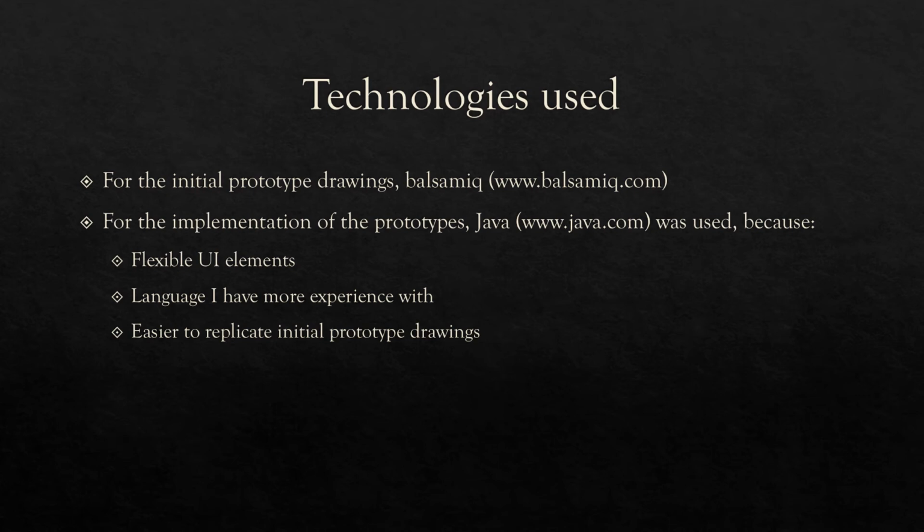The reasons are because it had flexible user interface elements, which I liked. It's the language that I've had the most experience with since I started studying computer science. And because of the flexible UI elements, it was easier to replicate the initial prototype drawings.